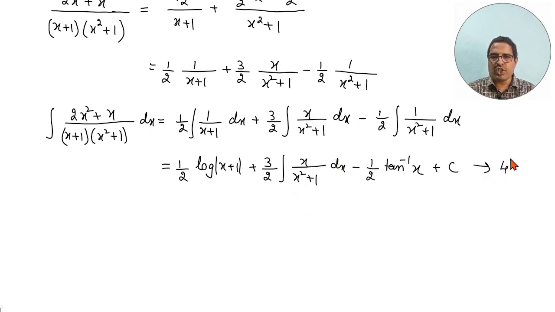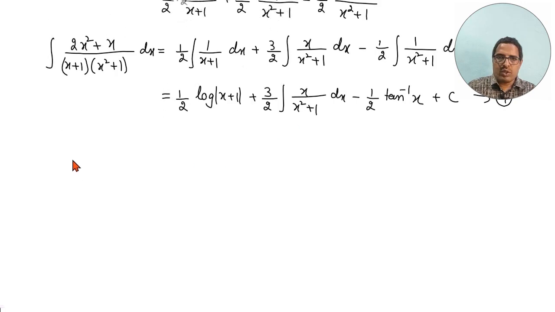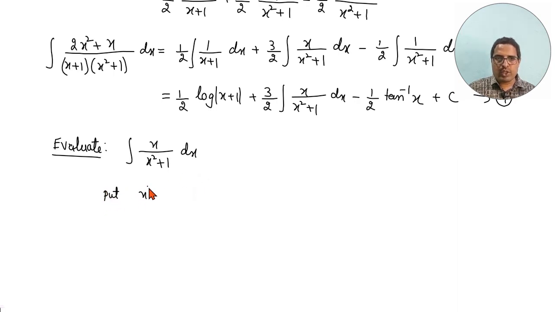Let me take this as equation number 4. So we need to evaluate this one. Evaluate integral x by x square plus 1 times dx. So let us put this substitution here. Put x square plus 1 to be equal to, say, t. Let us try to differentiate with respect to x.